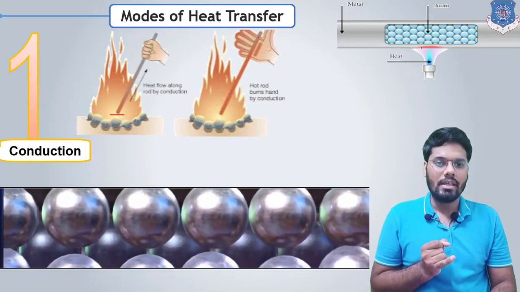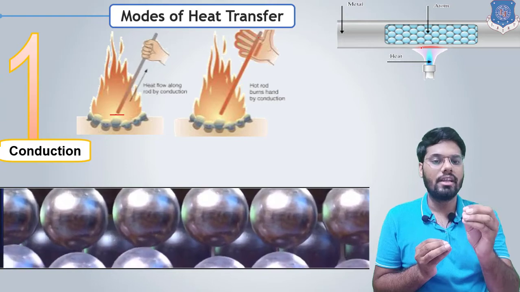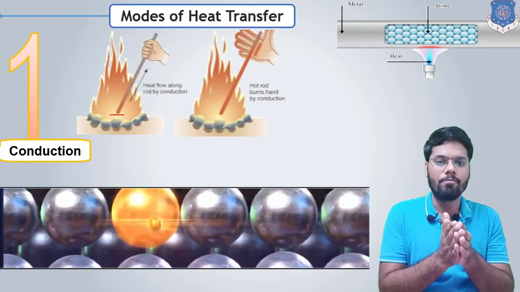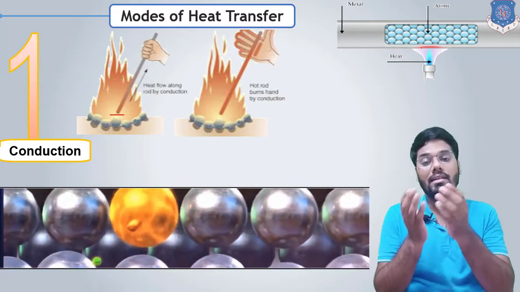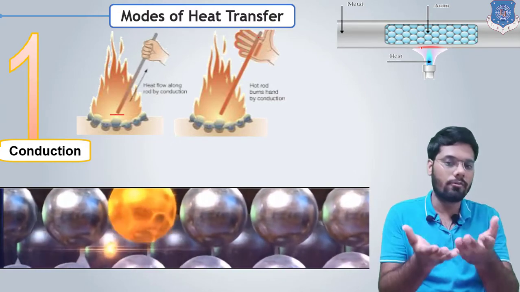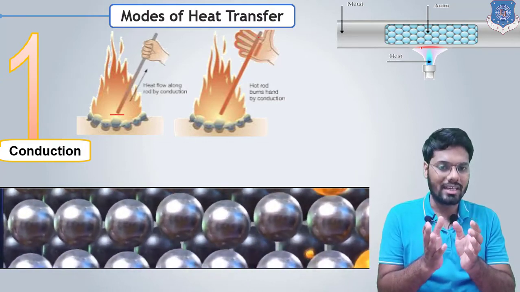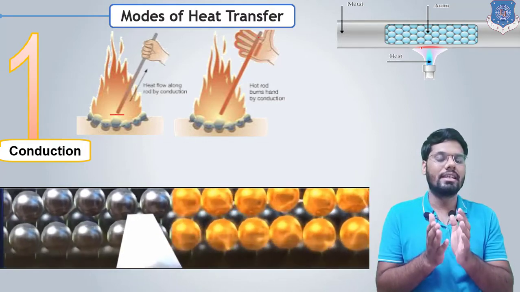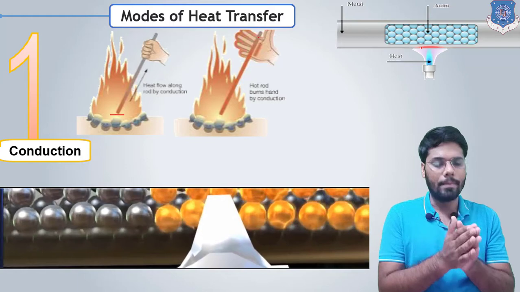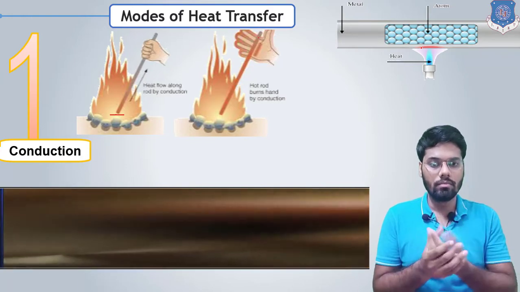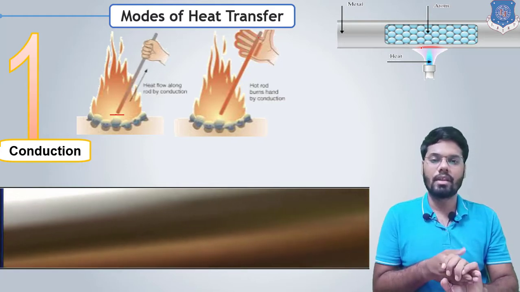Second, here we can see there is a free electron which takes heat from the high energetic particle and gives that heat to another less energetic particle or another free electron. So these are the two phenomena which are responsible for conduction in solids, and conduction majorly happens in solids which have more free electrons and atoms.